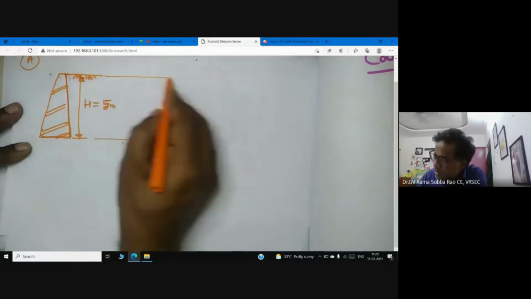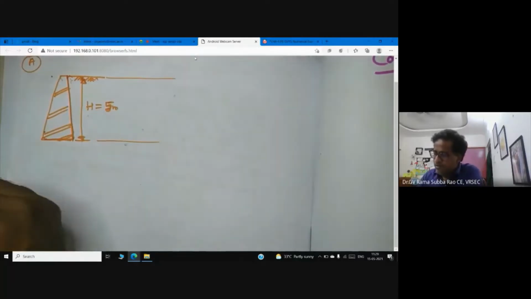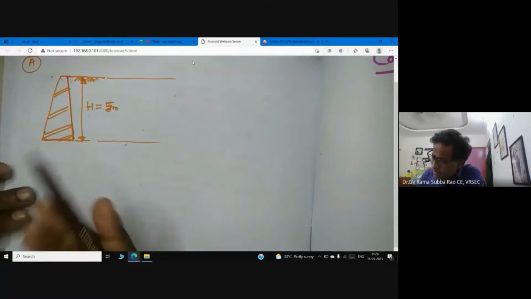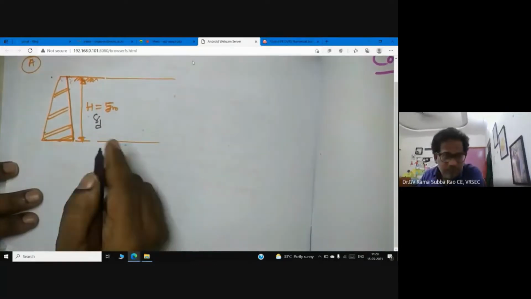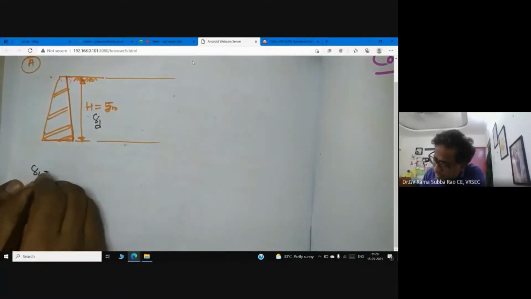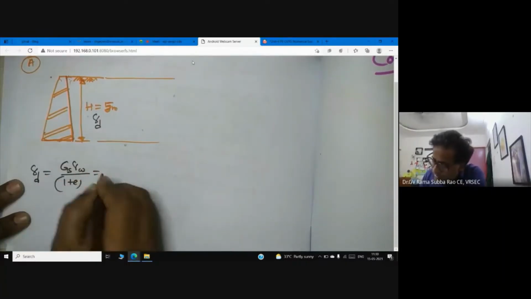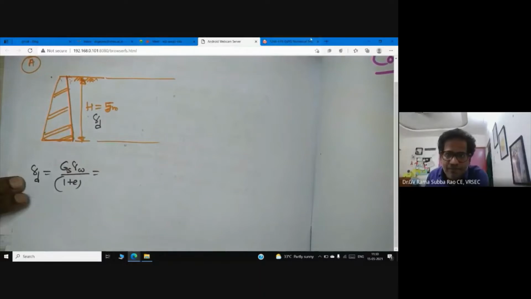Now we need to answer this question. So what is gamma d? How to calculate gamma d? Gamma d is G gamma w by 1 plus e. G is given: 2.68.